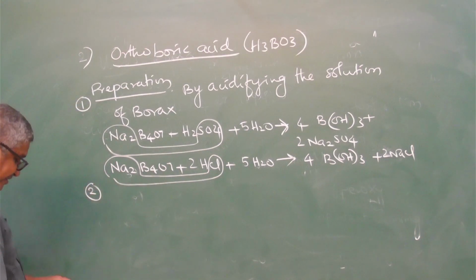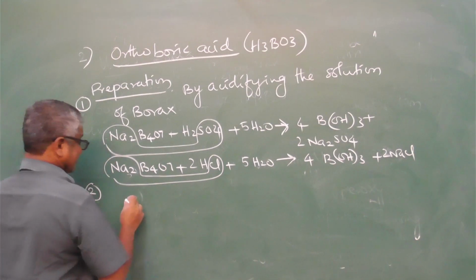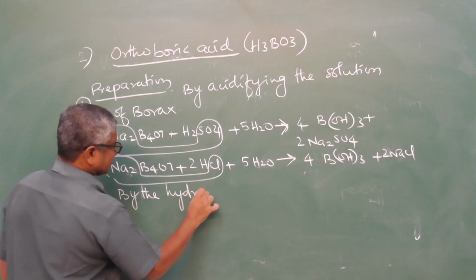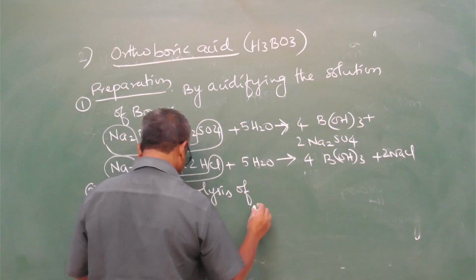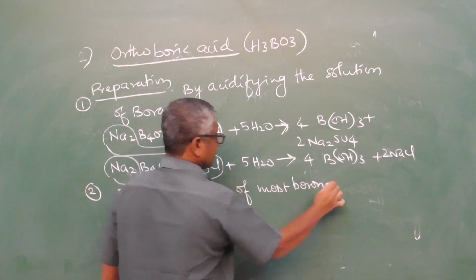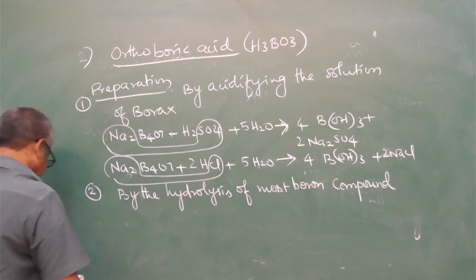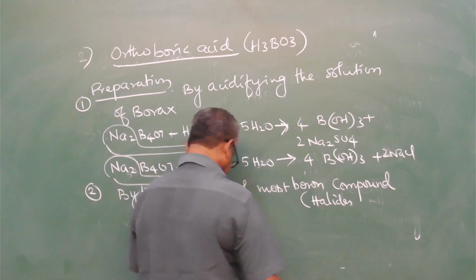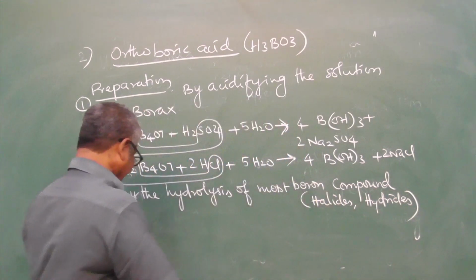In the second method, by the hydrolysis of most boron compounds, it may be halides and hydrides.